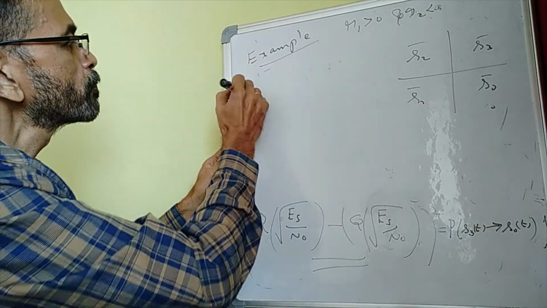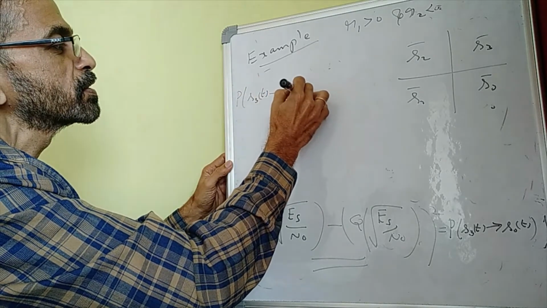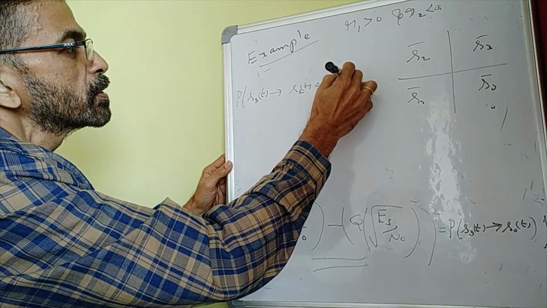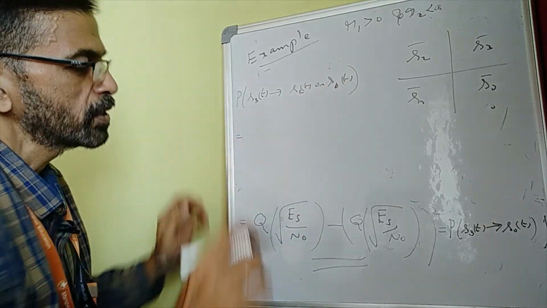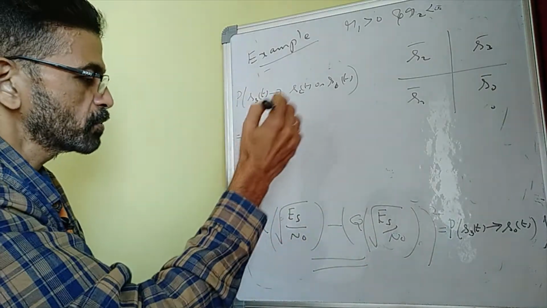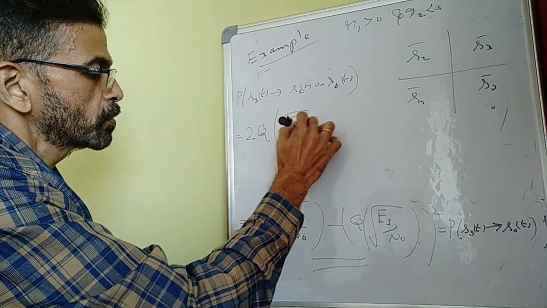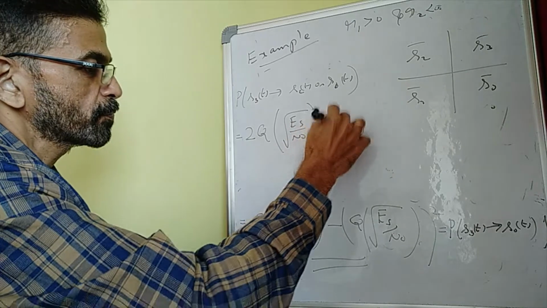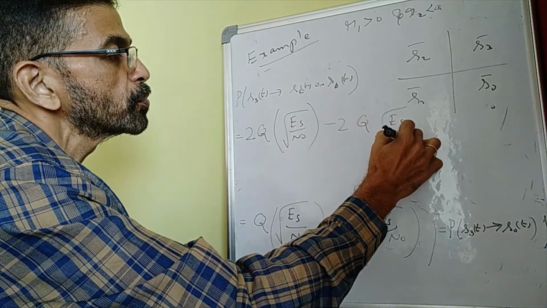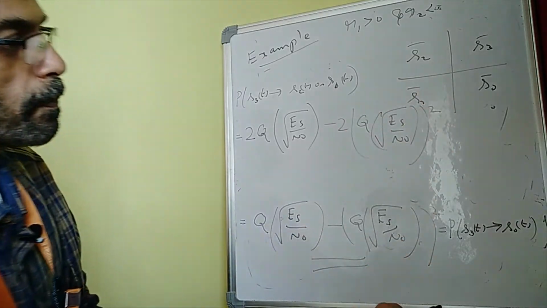The sum of these two is twice this, that will be 2q root Es by N0 minus 2q root Es by N0 squared.